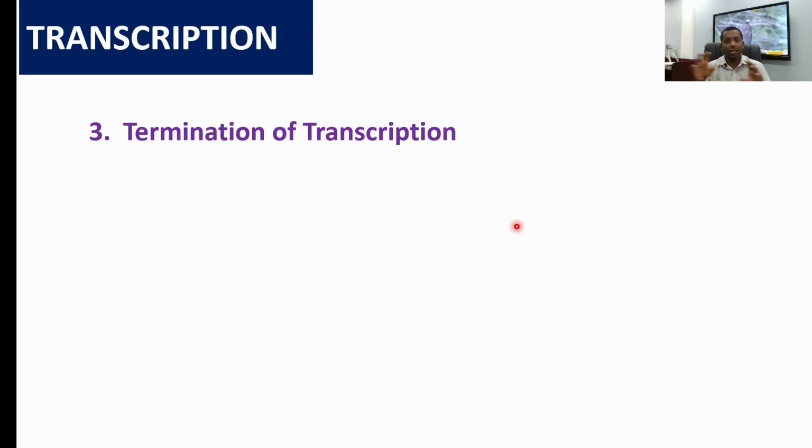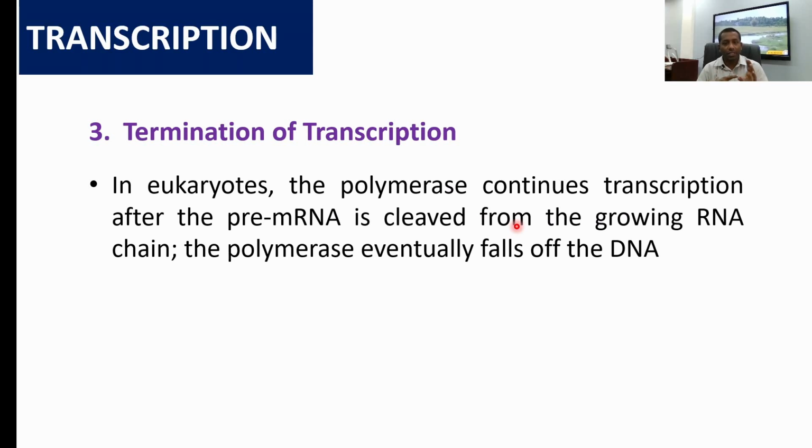At one point this transcription should be stopped, and we call that step the termination of transcription. In eukaryotes, the polymerase continues its transcription after the pre-mRNA. The resulting mRNA is cleaved from the growing RNA chain, and eventually the polymerase will fall off from the DNA. Imagine you have a gene about this long.